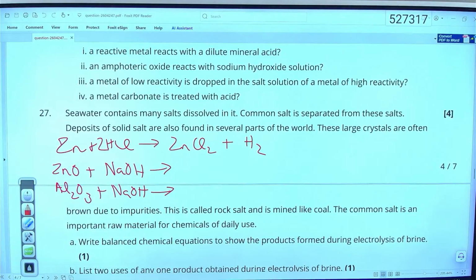All metal oxides are basic in nature, and amphoteric oxides react with both. So what will form?